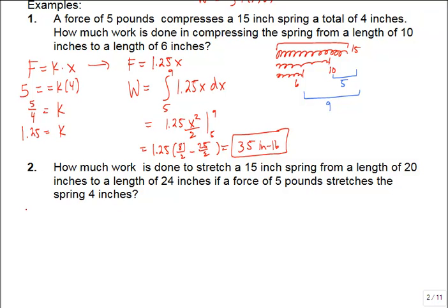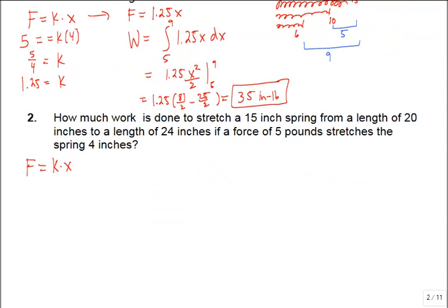So again, you would initially start with your force function, and for every spring that's going to be F equals K times X. And this spring is actually the same as the one in the previous example, because it tells me that it takes 5 pounds to stretch this spring 4 inches. So my X is 4 when my F is 5, and that makes this K 5/4 again, or 1.25. So my force function for this spring is F equals 1.25 times X.